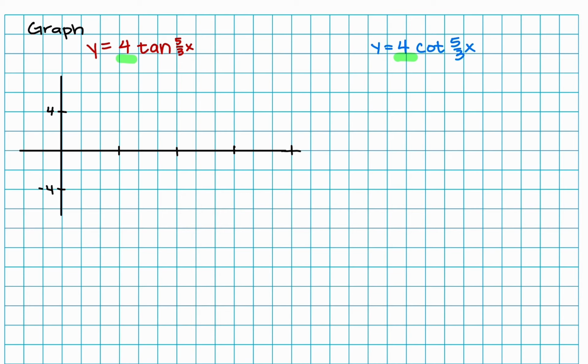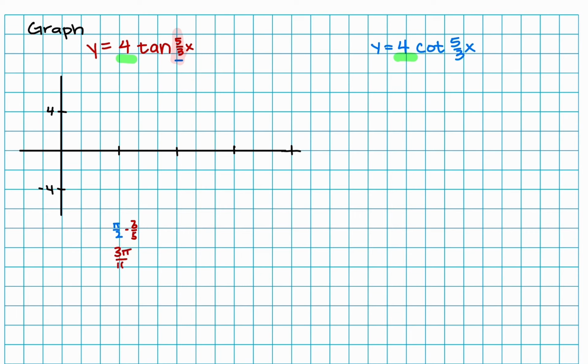So I'm just going to write down what's happening here. There is a pi over 2, and that is going to get multiplied by the reciprocal of the 5/3, which is 3/5. I'm going to multiply that to all of my quadrantal angles. When I multiply that, that gives us 3 pi over 10.